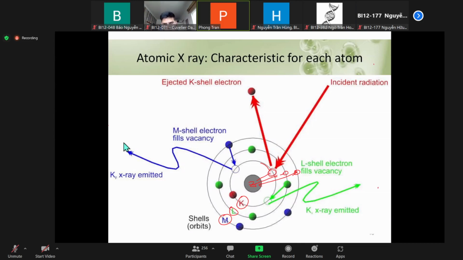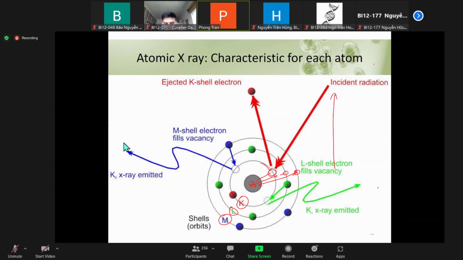That's the binding energy. Now, in terms of potential energy, that means the energy created by the position of the electron relative to the nucleus.